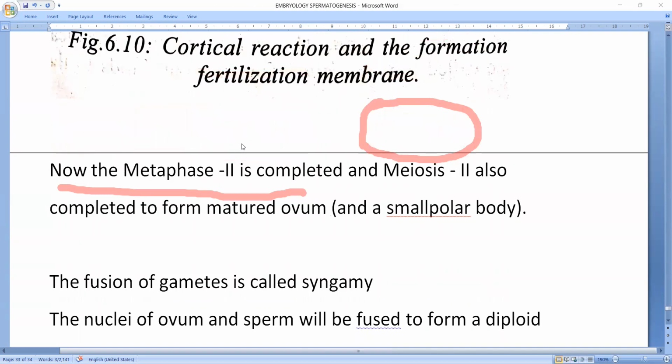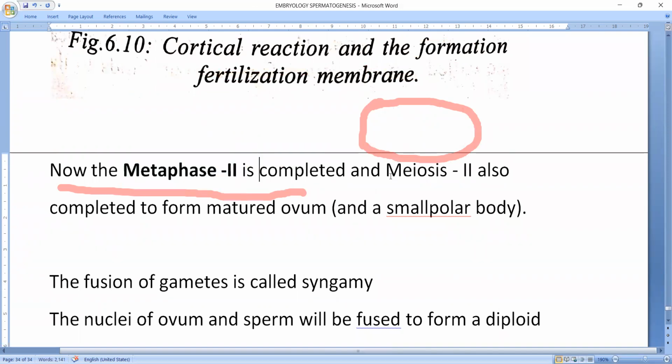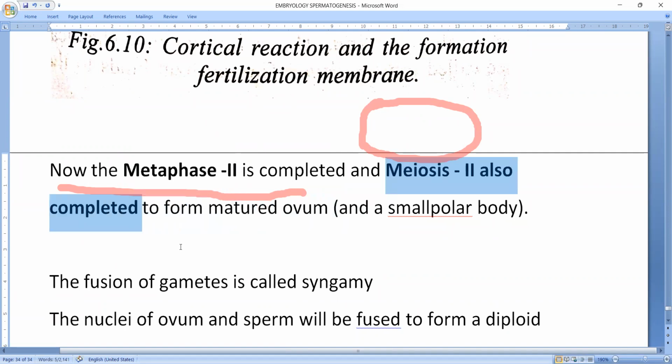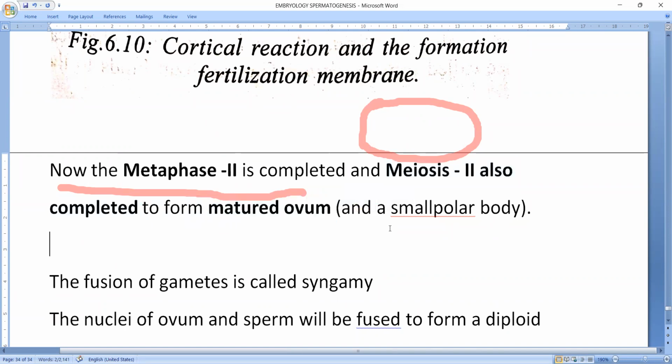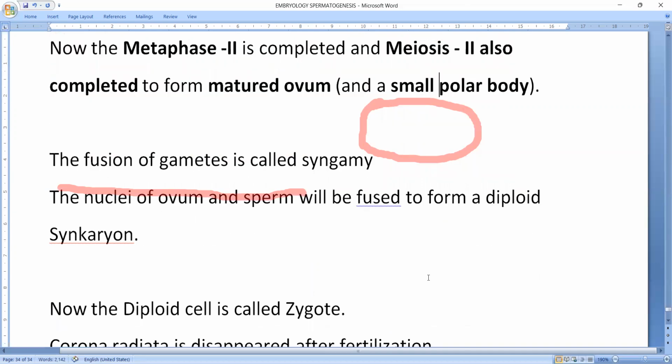So ఎప్పుడైతే ఎగ్ లోపలికి ఎంటర్ అవుతుందో, now the metaphase 2 is completed and meiosis 2 is also complete. Metaphase తర్వాత anaphase 2 ఉంటుంది, telophase 2 ఉంటుంది. So that is completed to form a matured ovum and a small polar body also. ఓకే, సో అక్కడ ఏమవుతుంది, సెకండరీ యూసైడ్ డివైడ్ కావడం వల్ల ఒక స్మాల్ పోలార్ బాడీ, ఒక మెచ్యూర్డ్ ఓవమ్ అనేది ఫామ్ అవుతుంది.